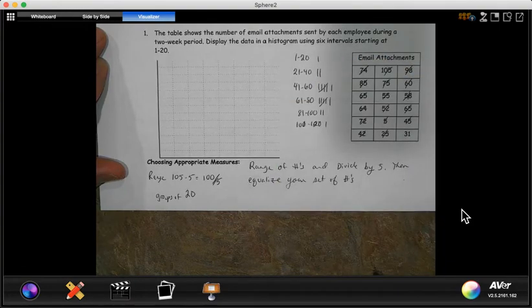So there's my tally chart. We call that a frequency table.